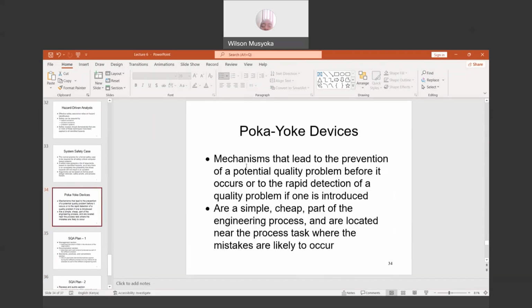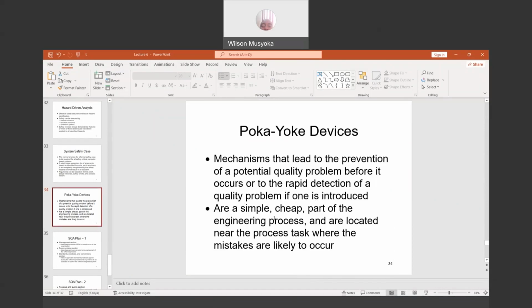And then poka-yoke devices. These are mechanisms that lead to the prevention of potential quality problems before they occur, or to the rapid detection of a quality problem if one is introduced. So they could be simple, cheap, but part of the engineering process, located near the process tasks where the mistakes are likely to occur.